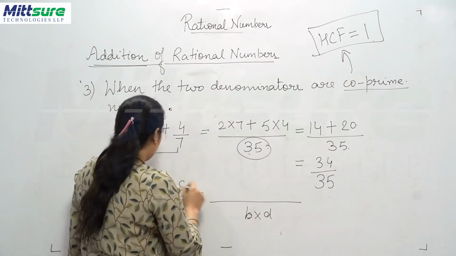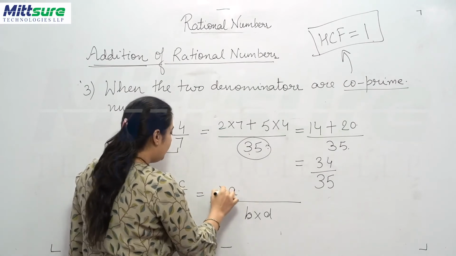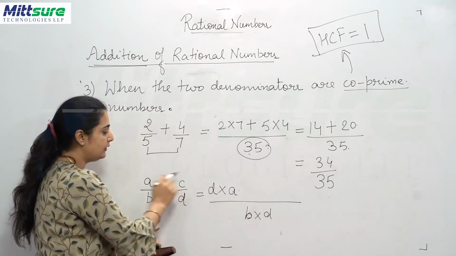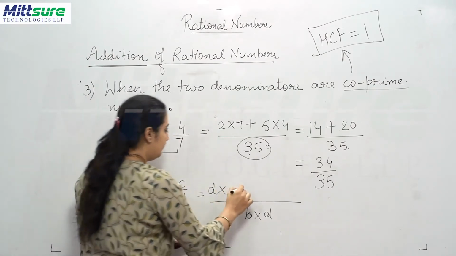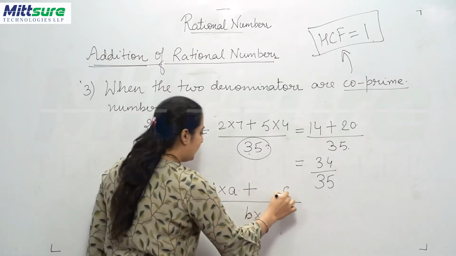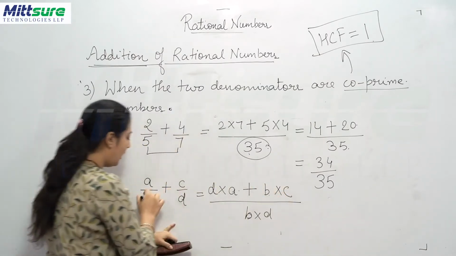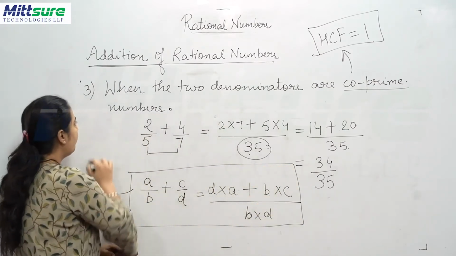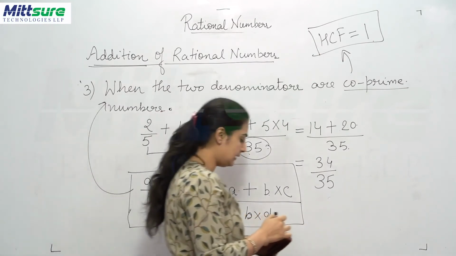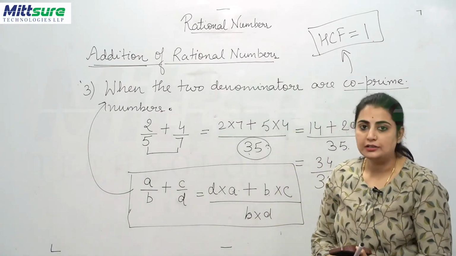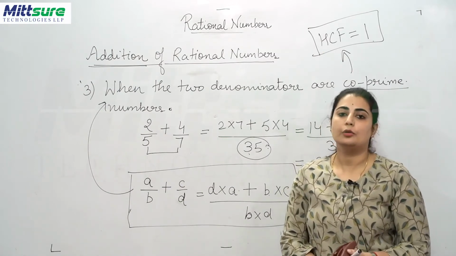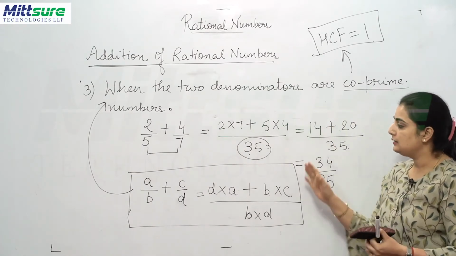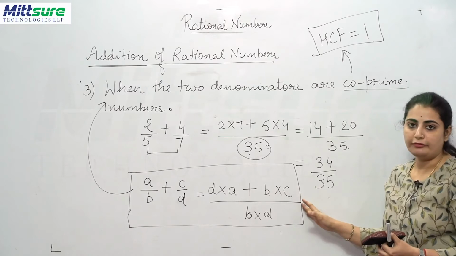Here I have A. A will be multiplied by D, the other denominator, plus C will be multiplied by B, the other denominator. So this is the symbolic representation of condition 3, which says that whenever there are two rational numbers whose denominators are co-primes, then this is how we perform the addition, and this is the symbolic representation of the same.